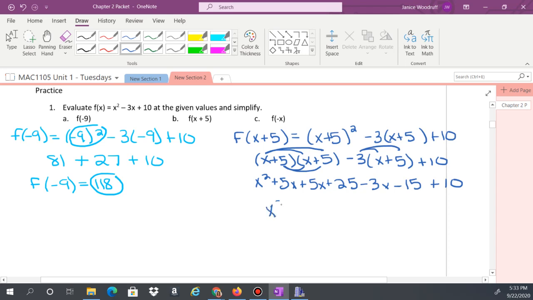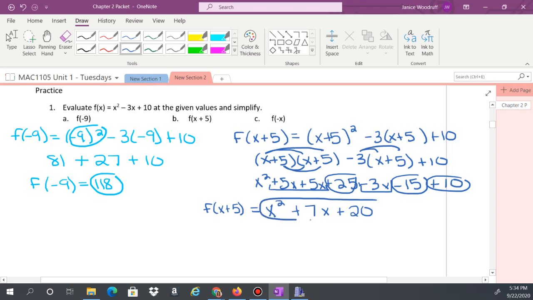We have an x squared, 5x plus 5x is 10x, but then we have a minus 3x, so positive 7x. Then we have 25 minus 15, that's 10, plus 10, 20. And then you're done. You don't need to factor it, and that's as much as it will simplify. So x squared plus 7x plus 20.